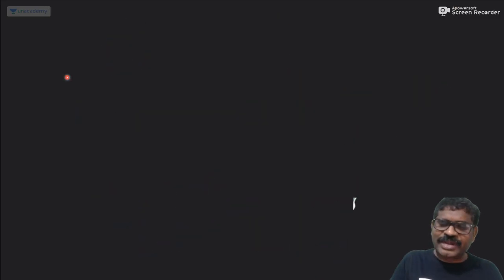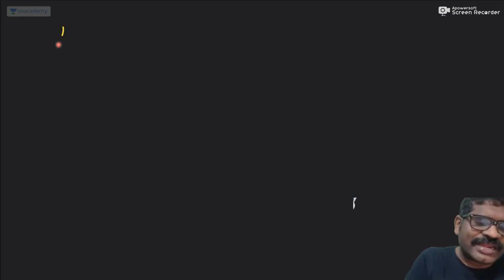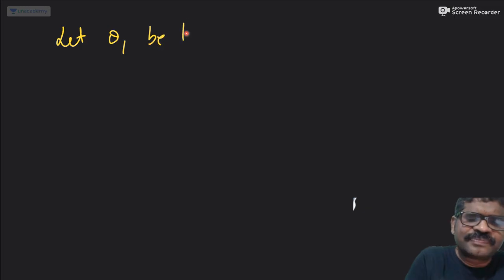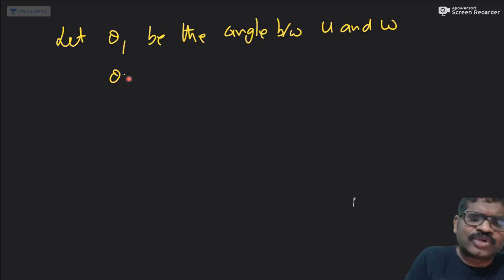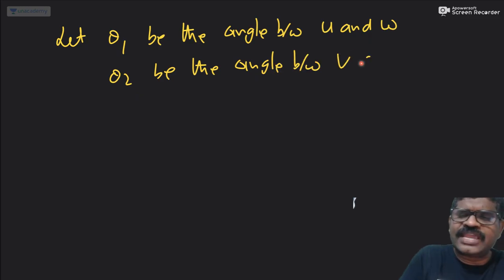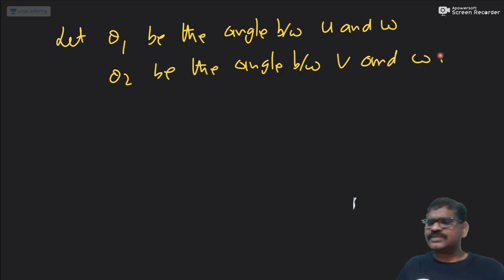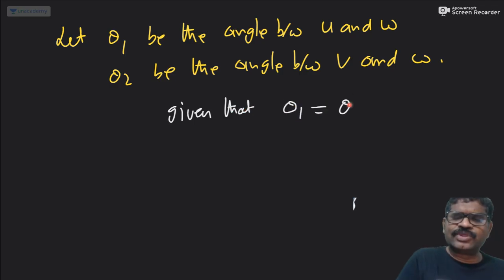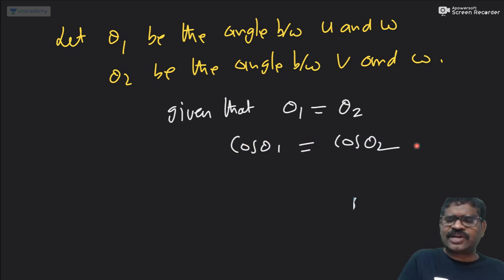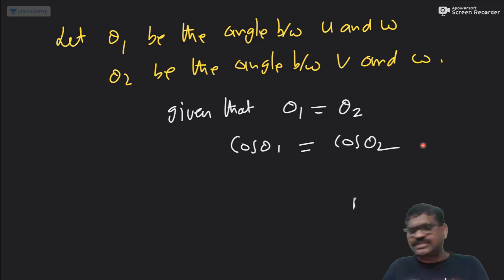So I am writing, let theta 1 be the angle between U and W, theta 2 be the angle between V and W. Given that theta 1 equal to theta 2, therefore cos theta 1 equal to cos theta 2. If theta 1 is theta 2, then cos theta 1 is cos theta 2.